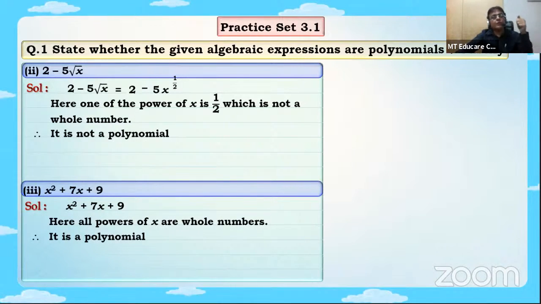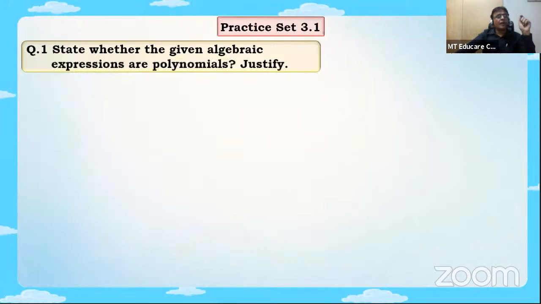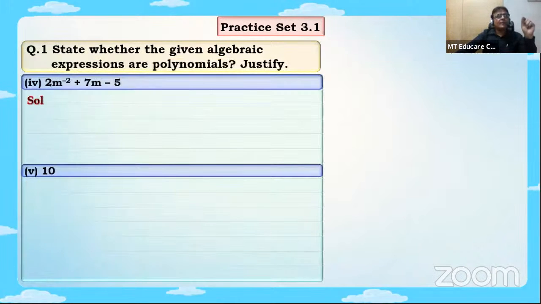Okay, now the next two sums: review your book, give the heading Polynomials, write Practice Set 3.1. Now you will identify whether these two are polynomials or not, and justify. Justify means you have to tell the reasons. I'll give you 2 minutes. Copy the questions, check the powers, state whether it is a polynomial or not.